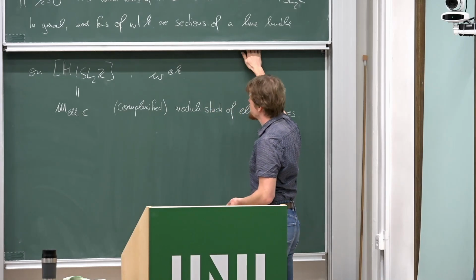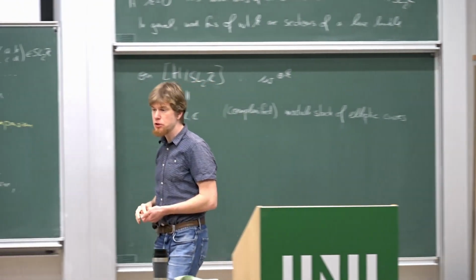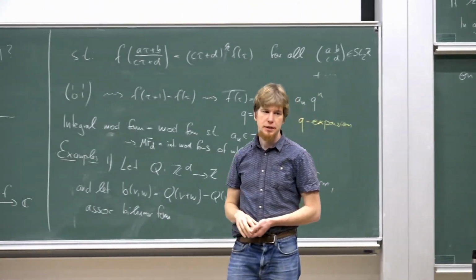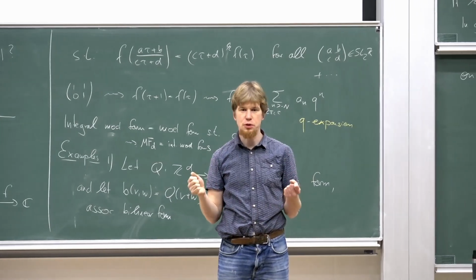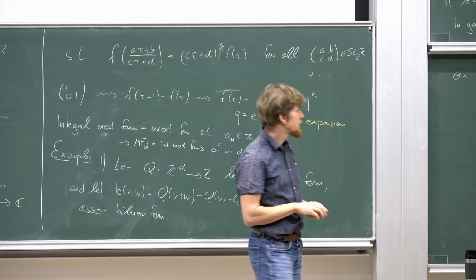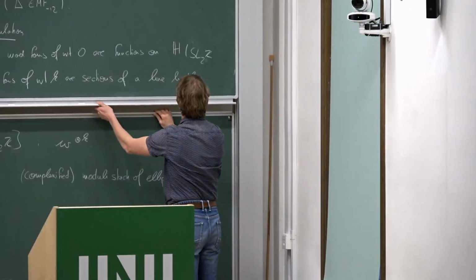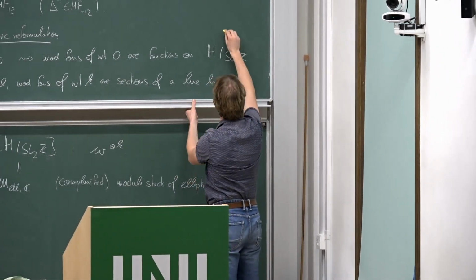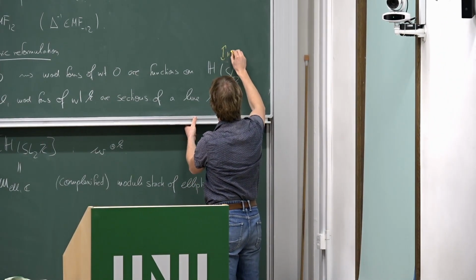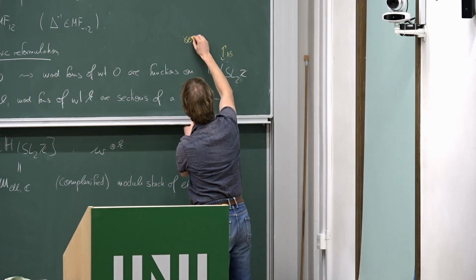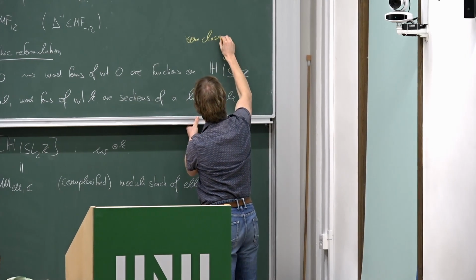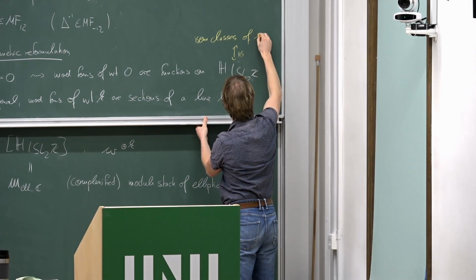It turns out, over the complex numbers, an elliptic curve is just a torus with a complex structure and a chosen point. And it turns out that these points here are in bijection with isomorphism classes of elliptic curves.